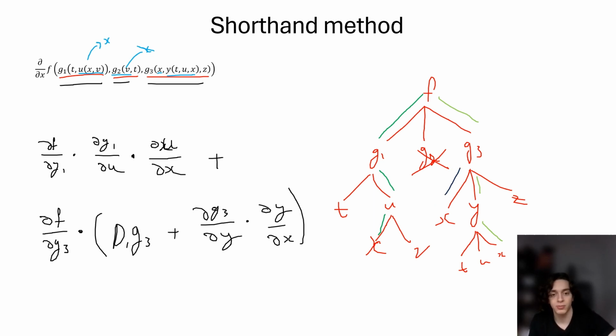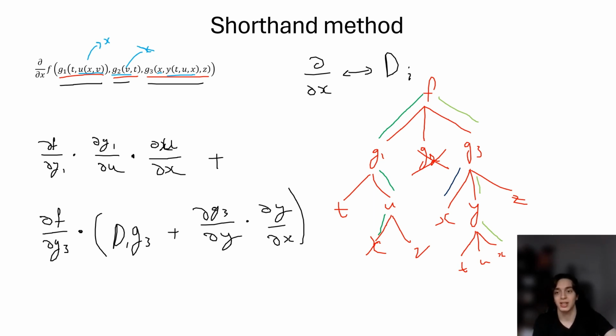And then we're going to do the same for Y, but we don't have any ambiguity in Y, so we're just going to go day G3, day Y, day X. That's a very important thing to note. Sometimes it might be ambiguous what you mean by the partial with respect to X, and whatever X corresponds to, the partial of a component.